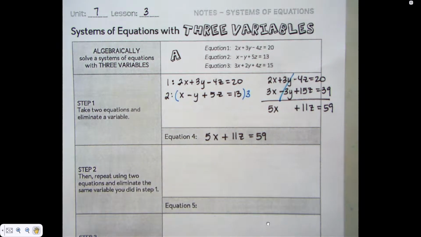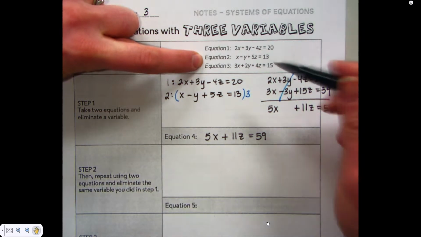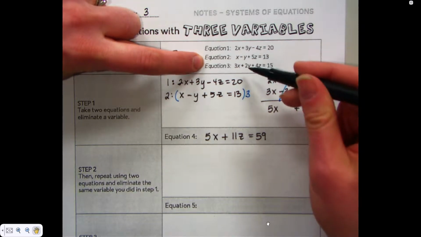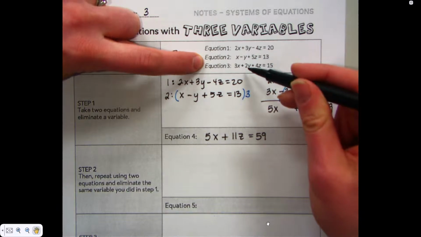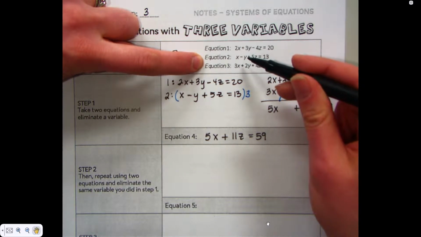Now you want to pick two more of your equations, and you want to go ahead and combine them again. You have to choose different ones. We can't pick 1 and 2 again. And you want to get rid of the same variable. So here, I'm going to go with equations 2 and 3, and I think that's a pretty good choice because I can get rid of my y's very easily again. Again, they're opposites already. I would only have to multiply equation 2 by a 2, right?